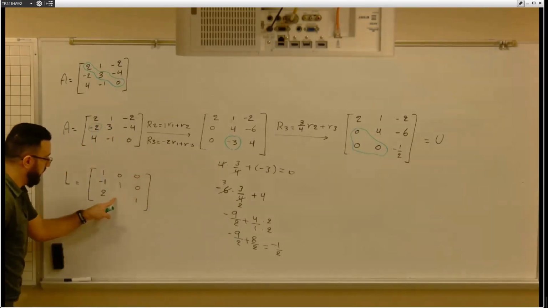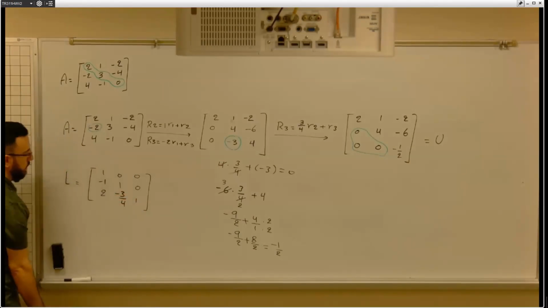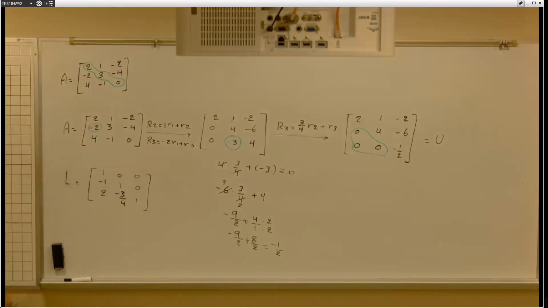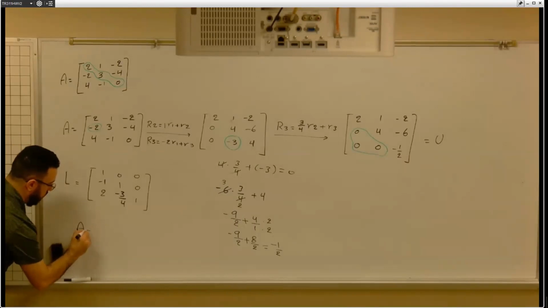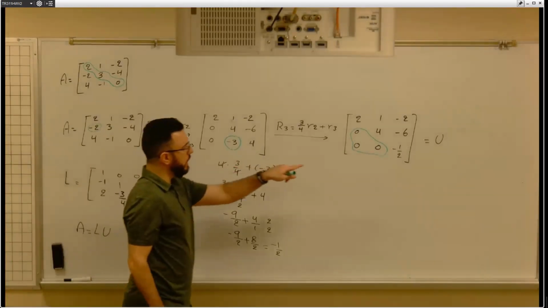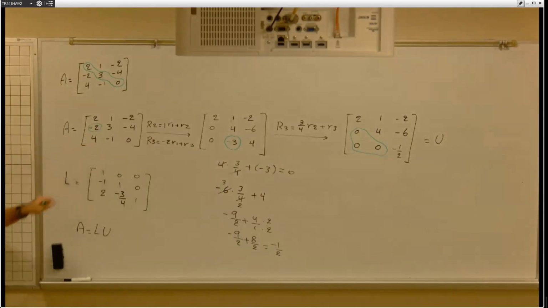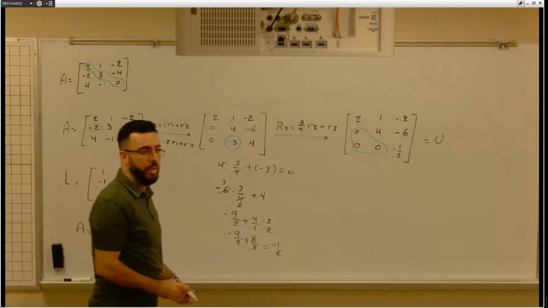So here, the 3/4, we're going to write down -3/4. That's it. This is the L matrix. If you say A equals LU, if you multiply this matrix by the U matrix, the result 100% is going to be the matrix A. Okay.